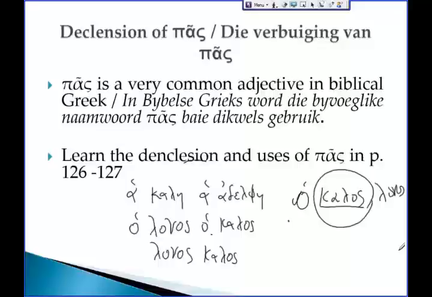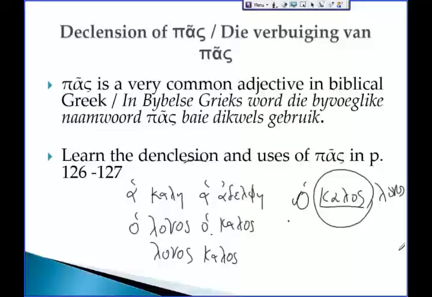Number 4. Pas often occurs with personal pronouns, demonstratives, and participles. Let's look at how it is translated. Pantes humeis ginoskete ten aletheias. You all know the truth. How does it appear there? It appears with that personal pronoun, humeis. You all, okay, know the truth.